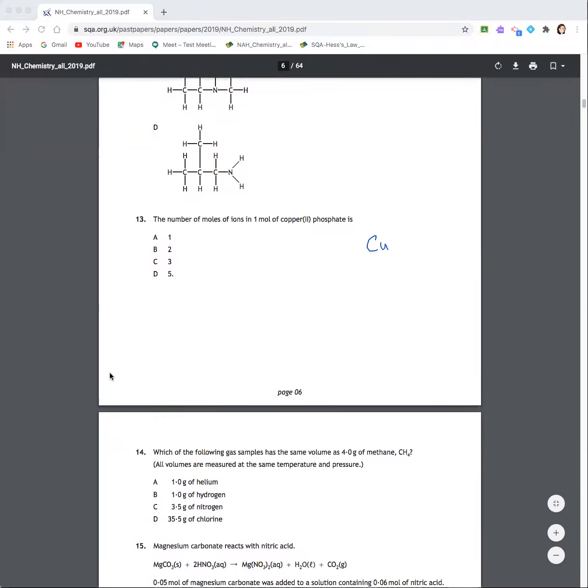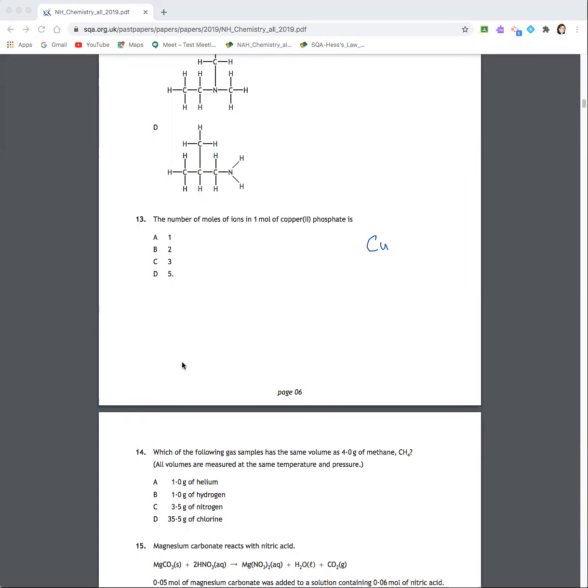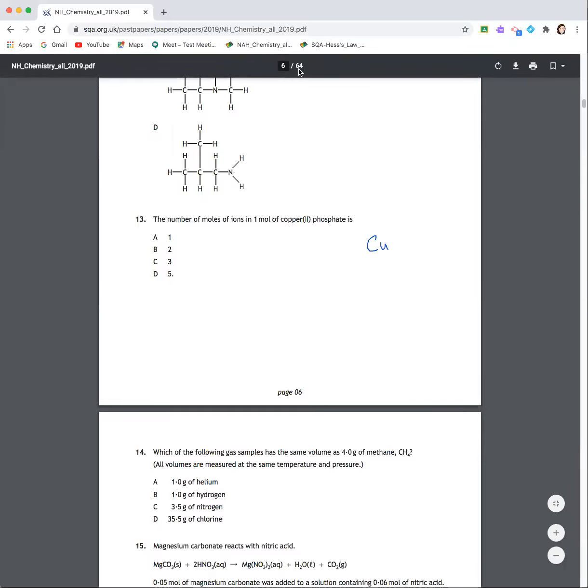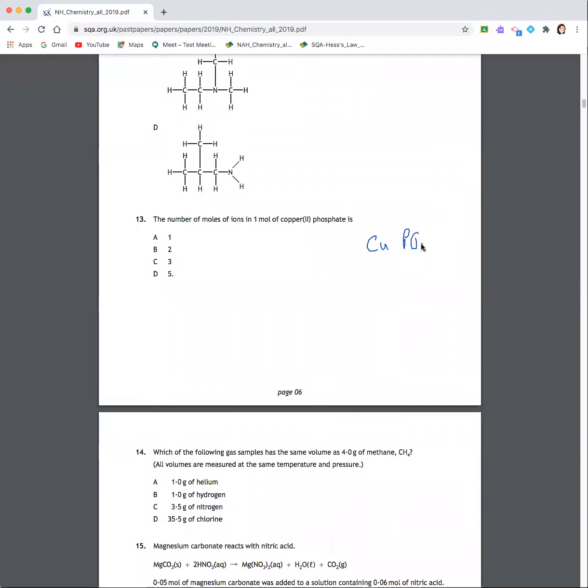And then phosphate, if you can't remember what a phosphate looks like, you can look it up in the data booklet on page 21 in the Higher data booklet. So that's PO4, 3 minus. Okay, so the valency of the copper is 2, you get that from the name. Because phosphate's charge is 3 negative, then its valency is 3. So then you swap the valencies over, you get 3 and 2, and then you look to see if you can simplify the ratio, which you can't in this case.